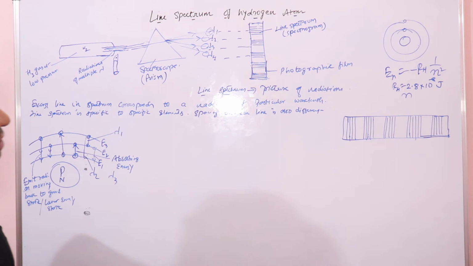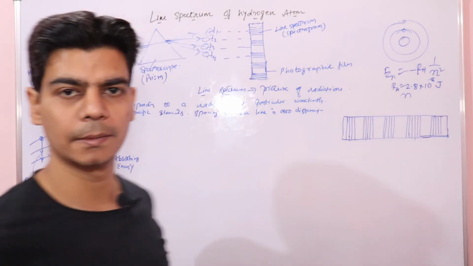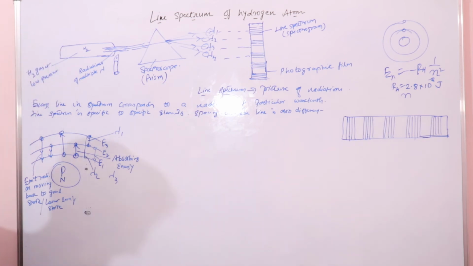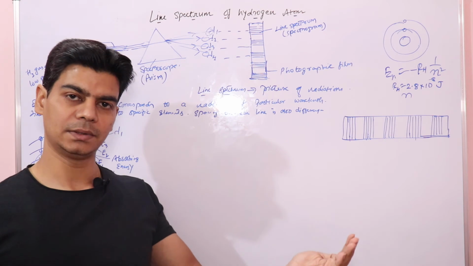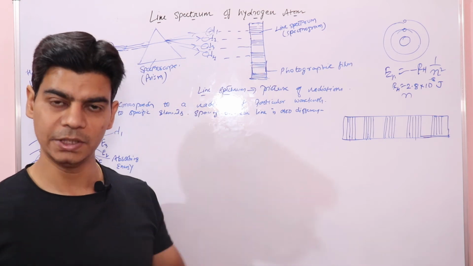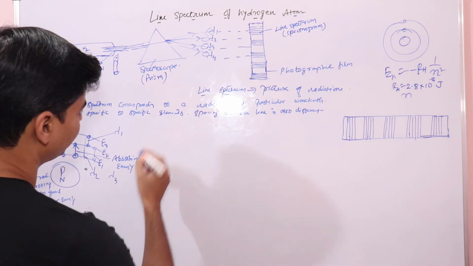Since the energy of the electron moving in a specific orbit is given by this formula, now let's take the case when an electron transitions from initial energy level EI to final energy level EF. F stands for final and I stands for initial.